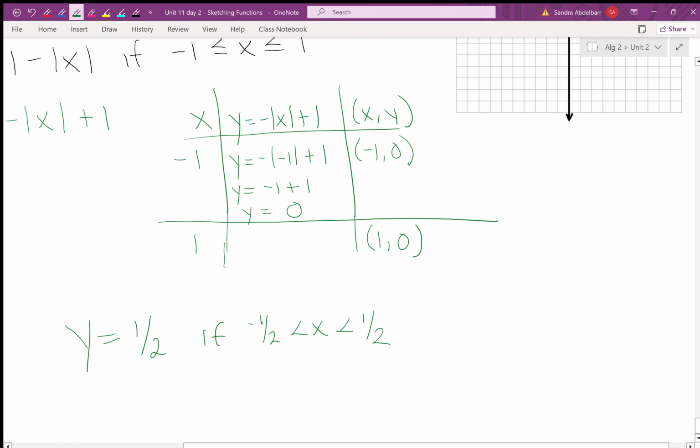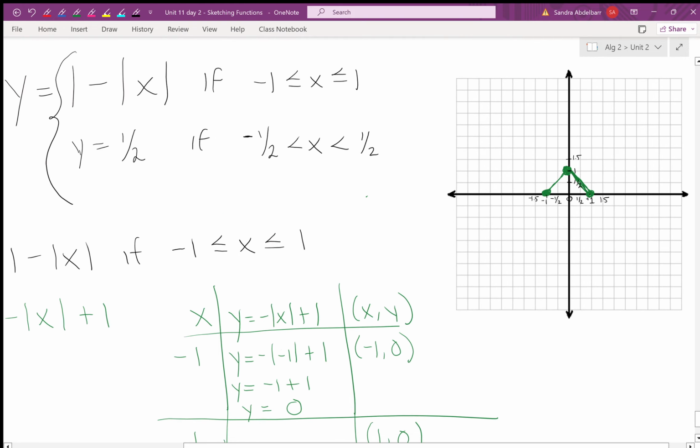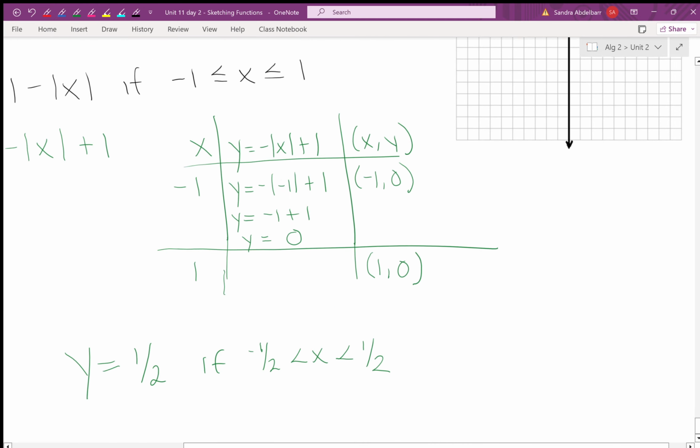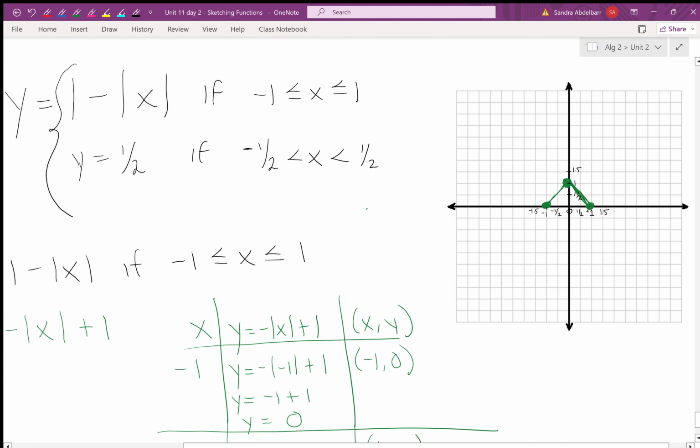All right, well, y equals a half, isn't that just a horizontal line? So we're at a horizontal line at a half. But now, what are we between? Negative a half and positive a half on the domain. So we're right over here. And it would be open circles, but because it's on the graph, what do we know? Closed circles trump open circles, right?